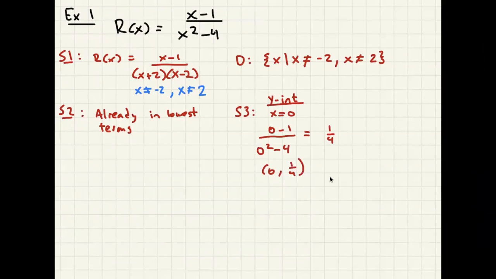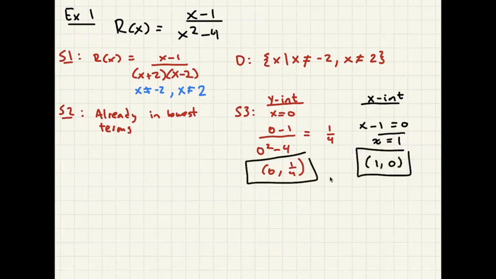That's our y-intercept. And our x-intercept is when we let the top equal 0. We get x minus 1 equal to 0, which means x equals 1. So our x-intercept is 1 comma 0. These are our intercepts. And if you look, this has a multiplicity of 1, so it crosses.